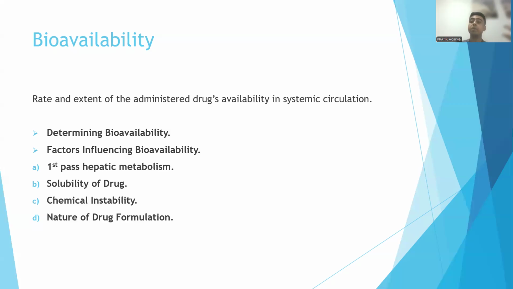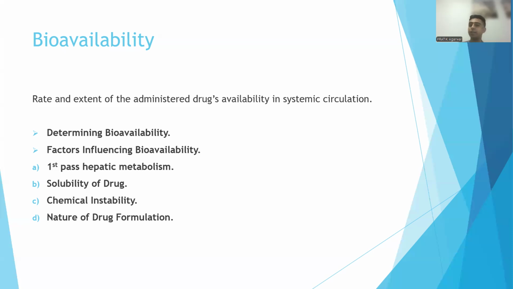So that's why the bioavailability of a drug is important. We can ascertain the bioavailability of a drug by knowing how much drug is received by the target organ in the oral route as compared to when taken in the systemic or parenteral route. So that is how we determine the bioavailability of the drug.